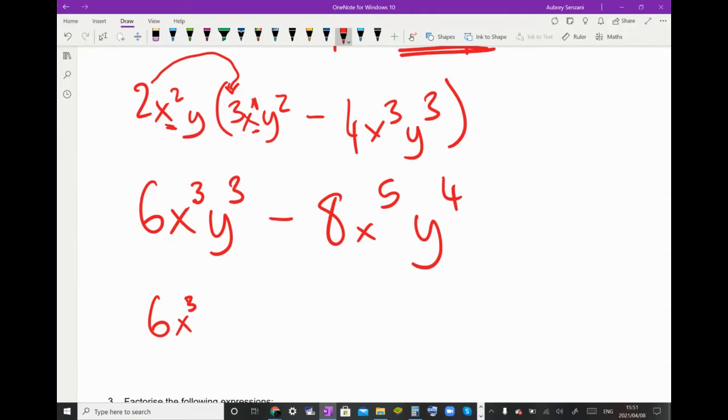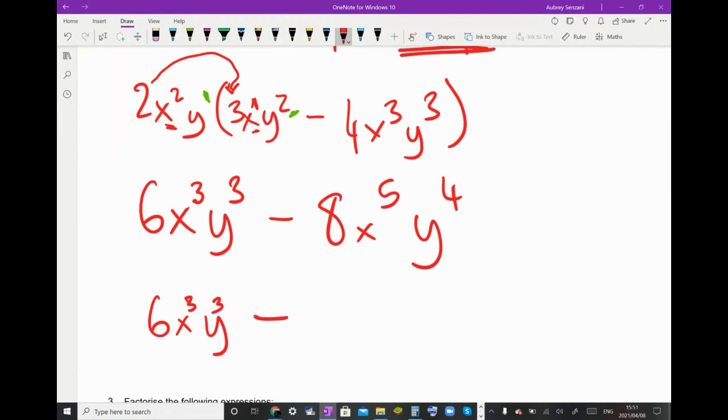Then we do the same thing with the y. This is y to the power 1, and then this is y to the power 2. So 1 plus 2 gives us 3. So that's how we're getting the 3 over there.